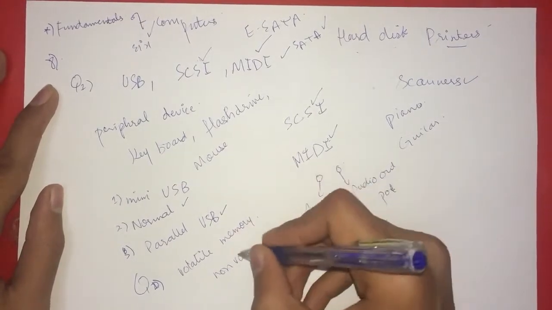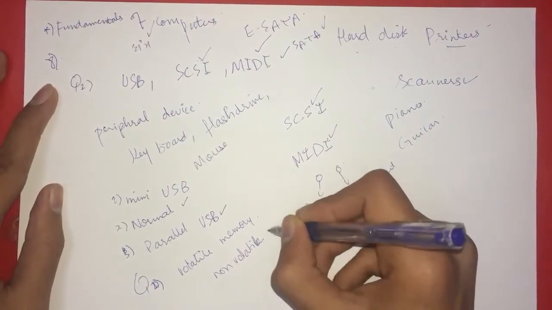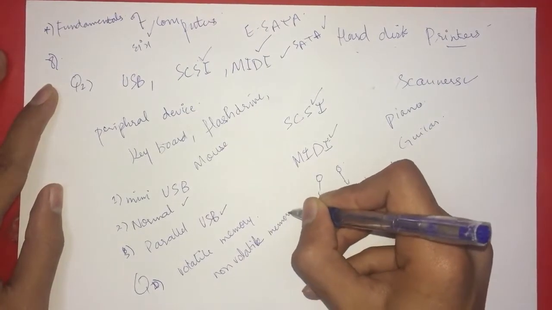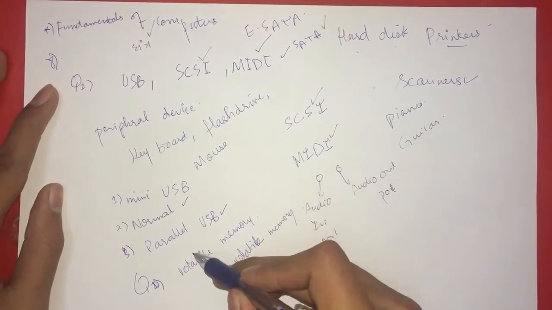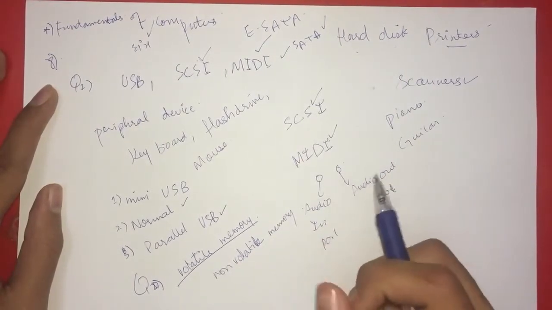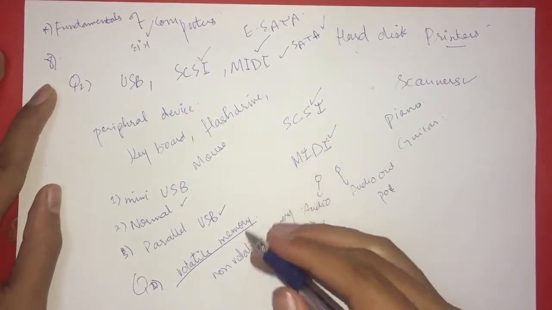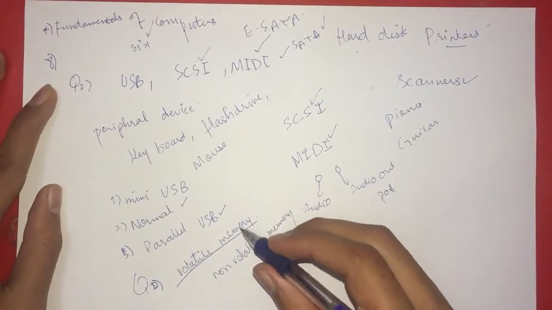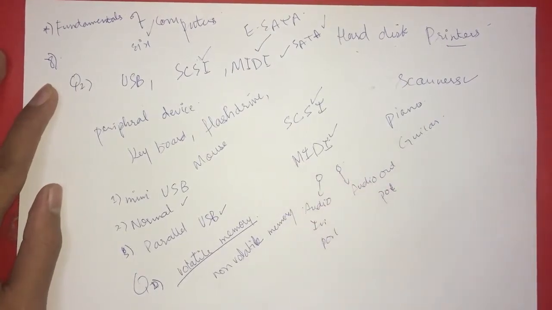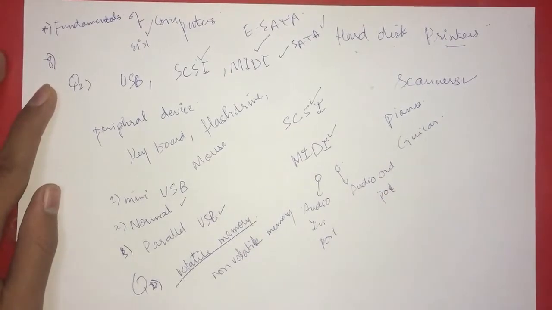The word volatile is self-explanatory: volatile means anything that is temporary and not permanent. The same applies here: any type of memory that is not permanent, that is temporary, or the memory which is only available as long as your computer is on. As soon as you shut it off, the memory is lost.